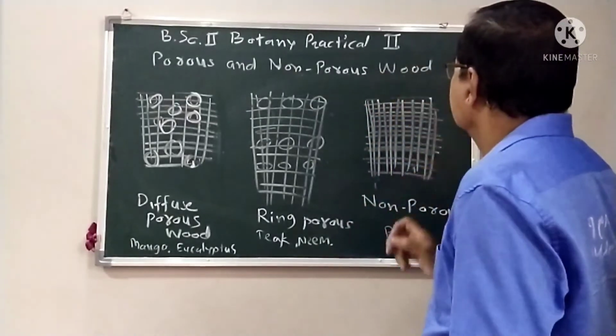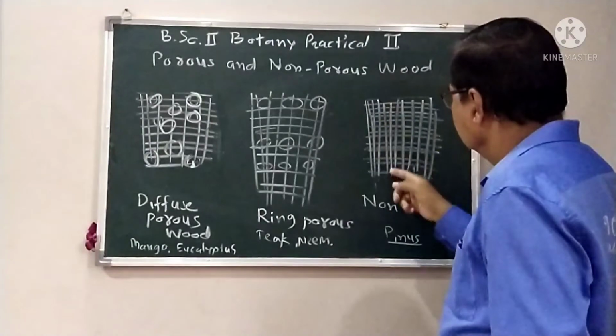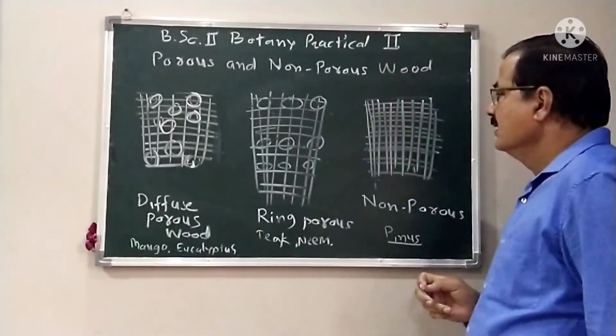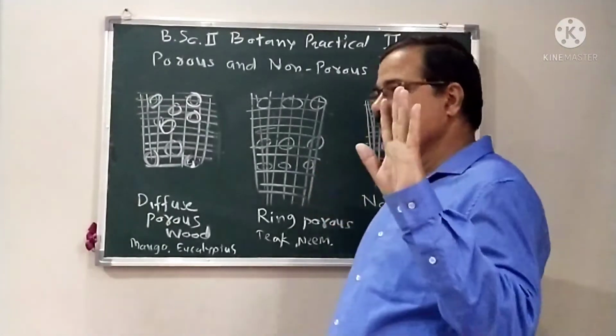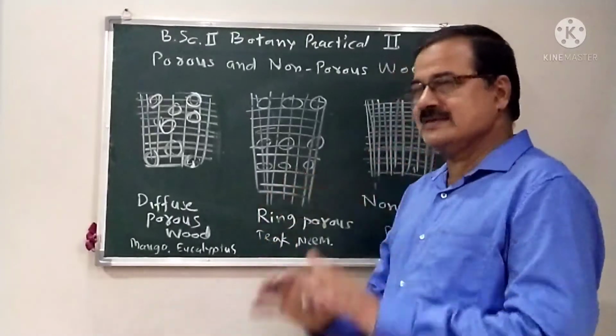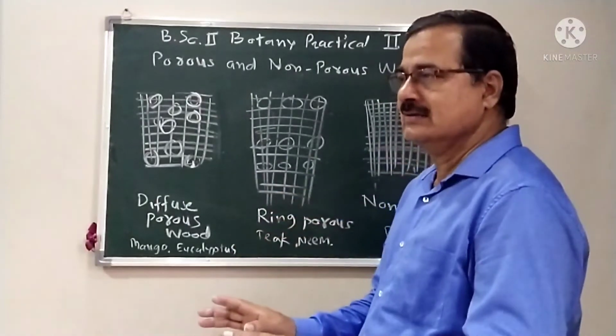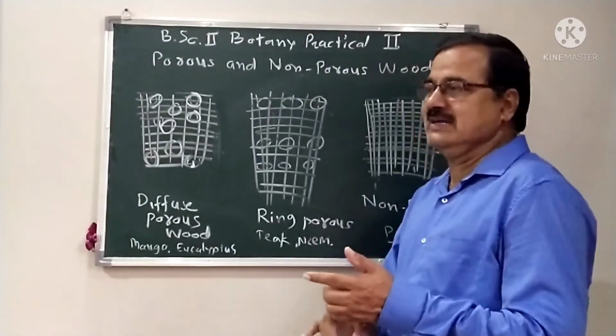In porous and non-porous wood, the secondary xylem has 4 elements: xylem vessels, xylem tracheids, xylem parenchyma and xylem fibers. Where xylem vessels are absent, the remaining xylem fibers, xylem parenchyma and xylem tracheids are present.